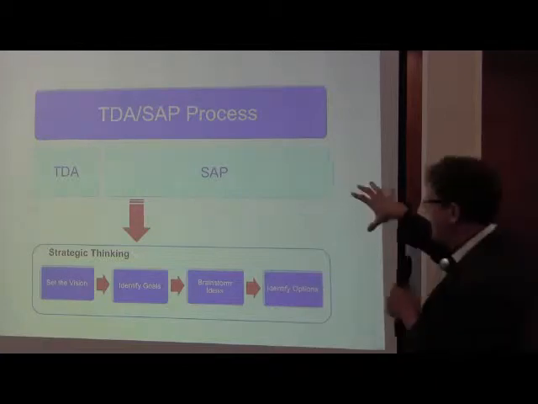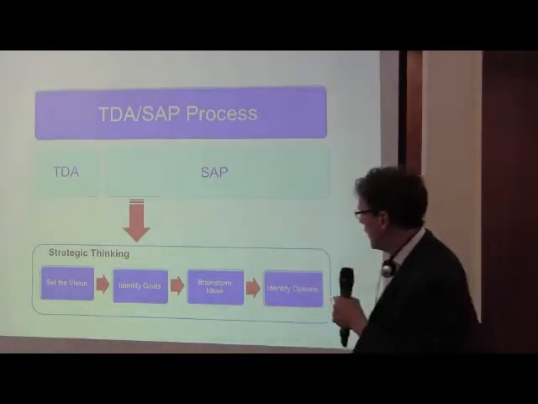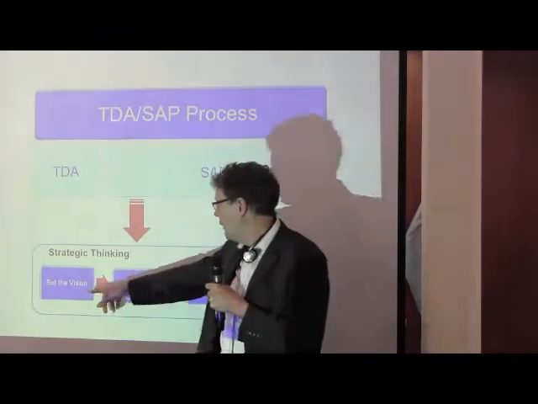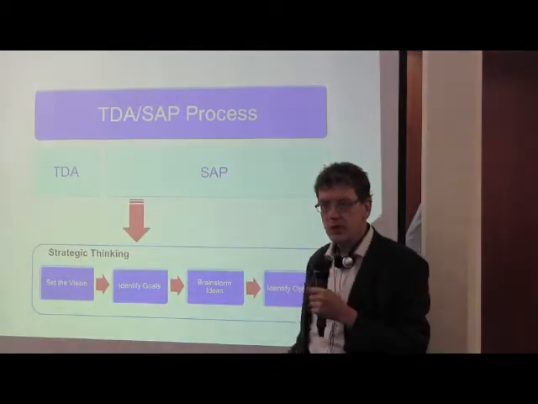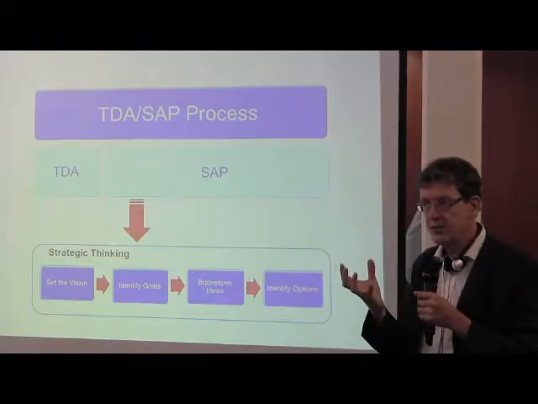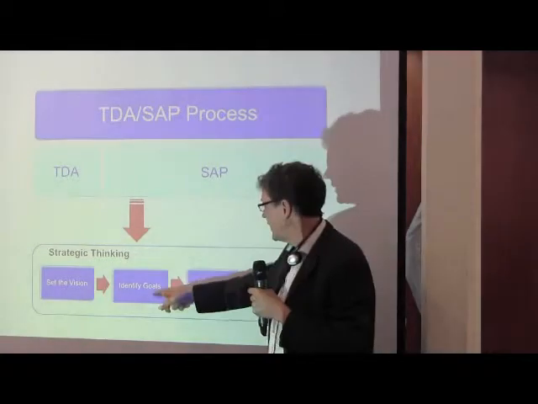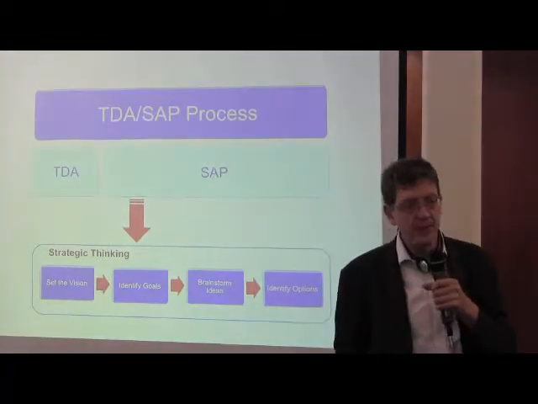And in this strategic thinking process in this training, I've got 4 steps. One is setting a vision, so coming up with a vision for the particular water system, for the Humboldt Current. Secondly, it's about identifying goals to meet that vision.